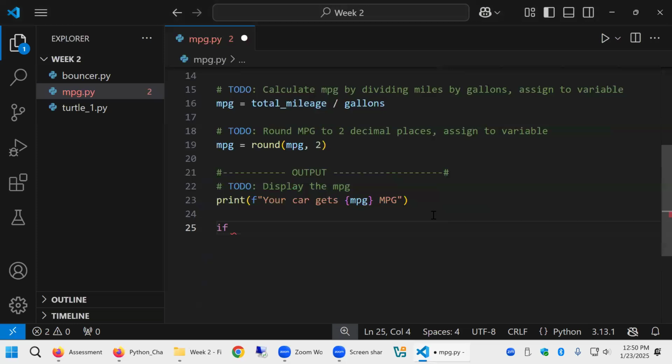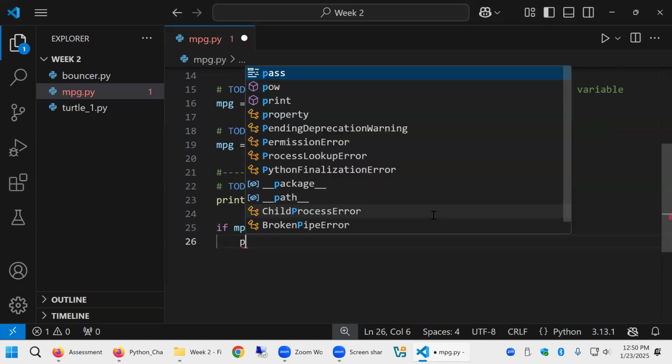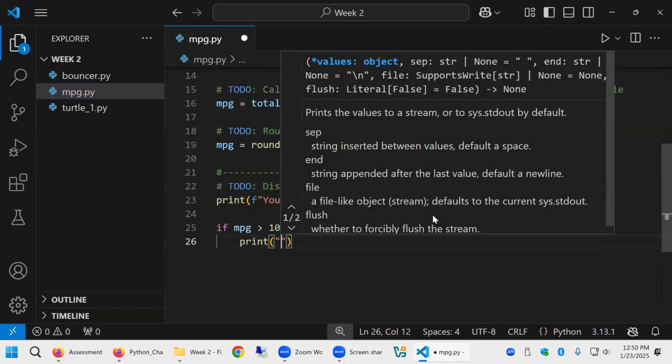I'm going to compare, and if miles per gallon is greater than or equal to whatever number you decide, we'll just say 100. That's high efficiency. Yeah, that's very high efficiency. And like we've done before, we're just going to print out high efficiency.